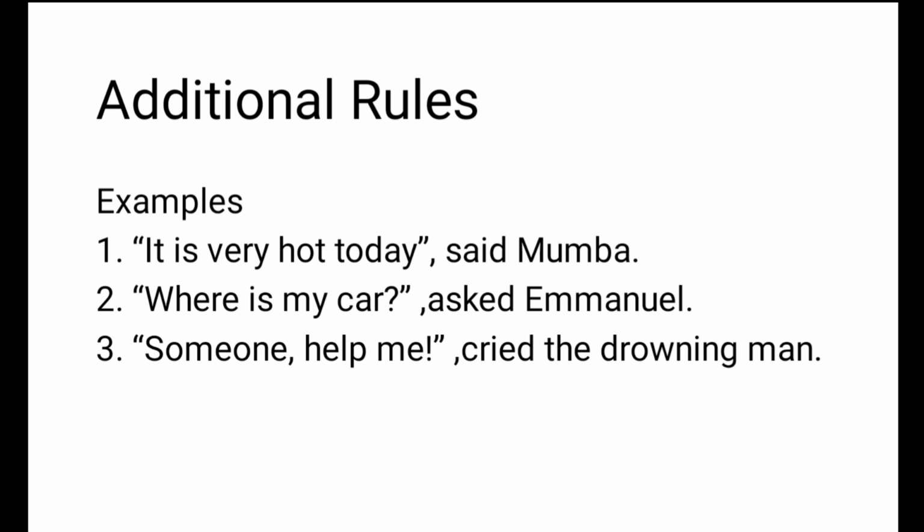So if the speech tag comes before the direct speech, you already know we put a comma after the speech tag. Then we open with inverted commas before the first words of the direct speech. Then we begin the direct speech with a capital letter. Afterwards, we close with inverted commas after the final punctuation mark of the what?